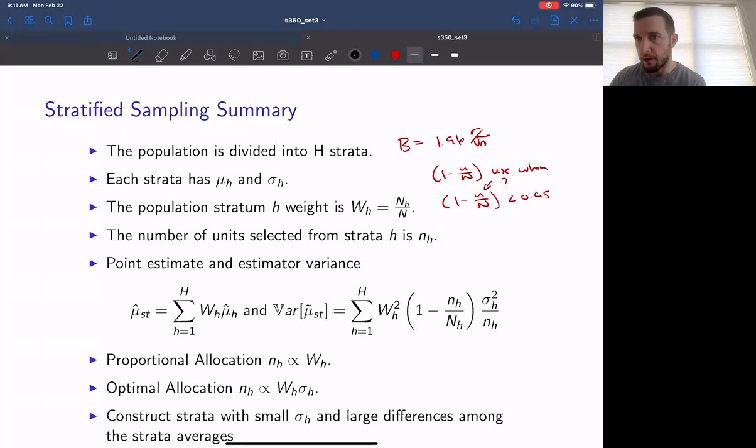After we introduced simple random sampling, we introduced systematic sampling. And systematic sampling was very similar to simple random sampling. It was so similar, in fact, that we actually used the exact same estimates from simple random sampling when we were doing our systematic sampling approaches.